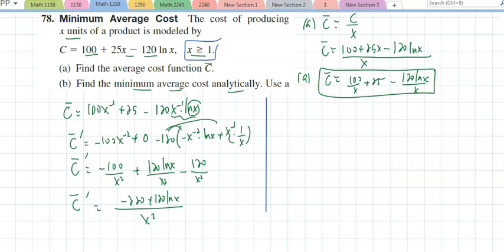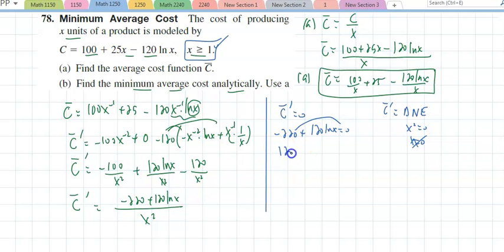Now to find the critical numbers, where does my derivative equal 0? Where does my derivative not exist? Well, the not exist part is when the denominator equals 0. That's not even allowed. But where does the top equal 0? Negative 220 plus 120 natural log of x equals 0.